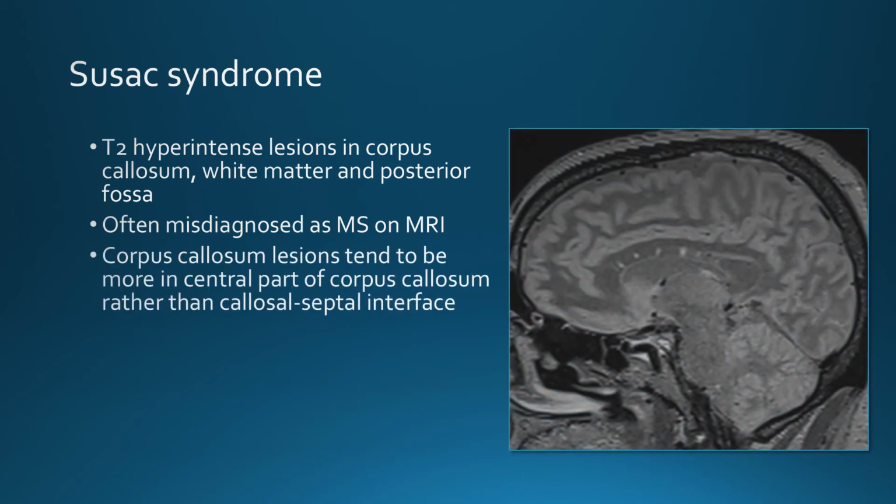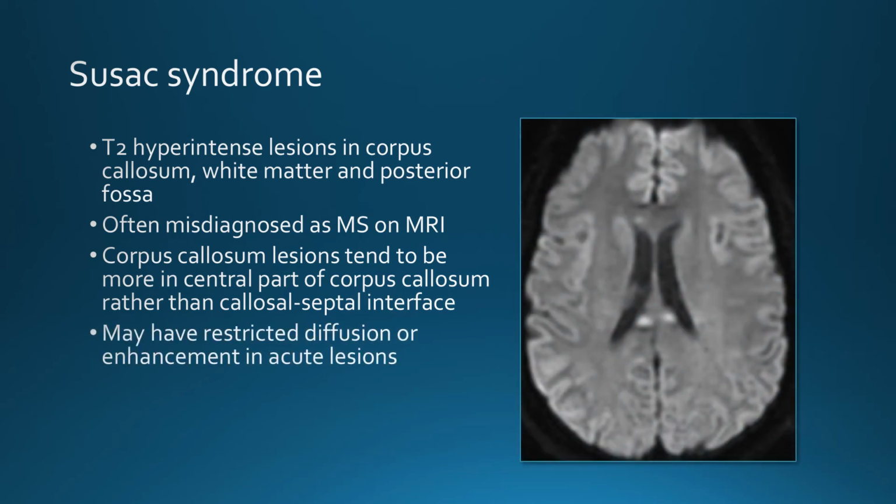One thing that can distinguish it a little bit from MS, although it's still not easily distinguished, is the location of the corpus callosum lesions. They tend to be centered in the central portion of the corpus callosum instead of more toward the callosal septal interface. And you may have restricted diffusion or enhancement in acute lesions.